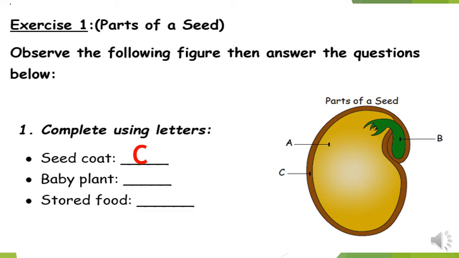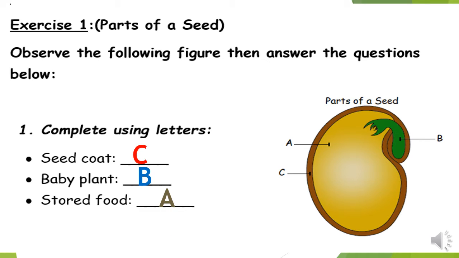So which one? Excellent, part B. Now, stored food. Which part is the stored food here? Stored food, the big part that stores food inside it that allows this baby plant to grow later into a new plant. Excellent, guys, it is part A.